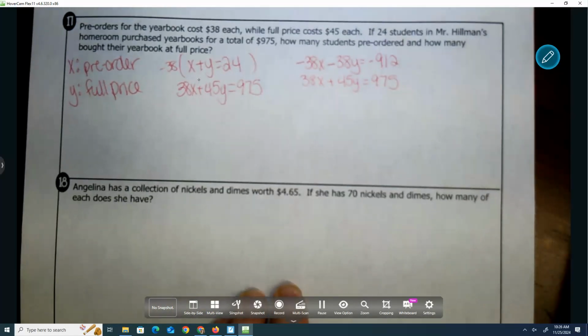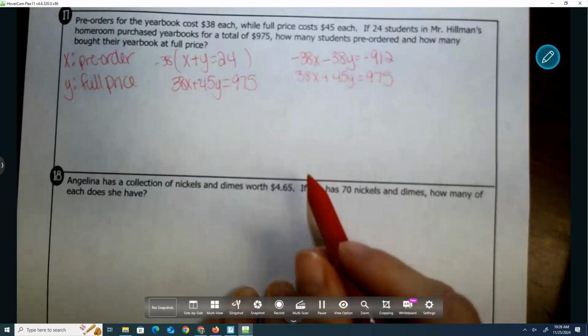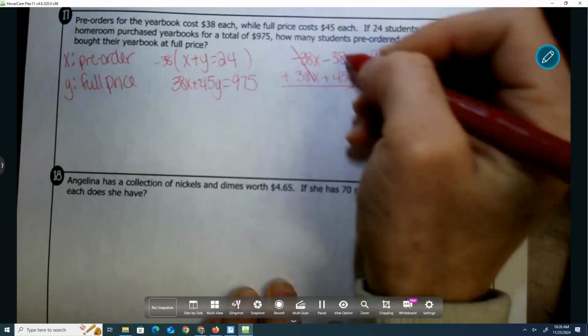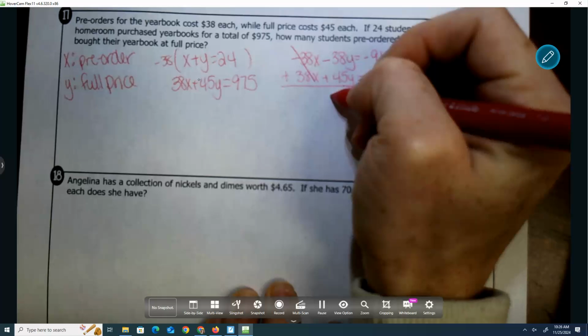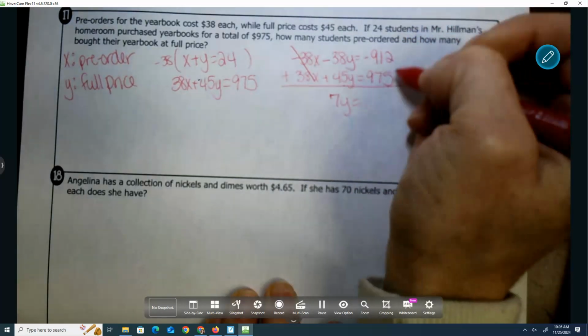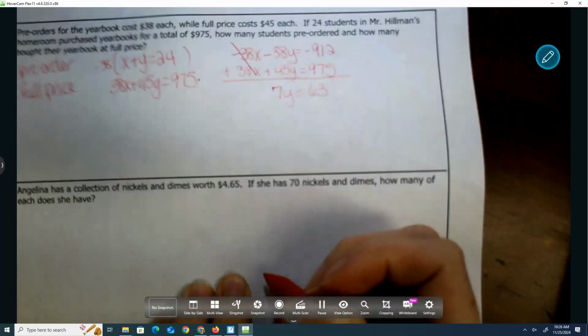Okay, Kaden, what do I do next? Add them. So those cancel, and negative 38y plus 45y gives me 7y. Negative 912 plus 975 is 63. Keaton, what do we do next?